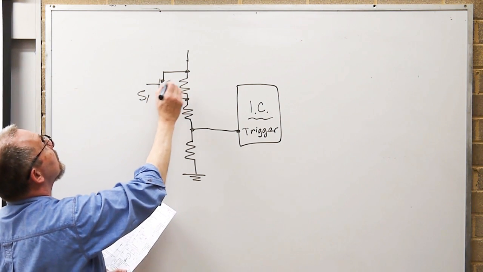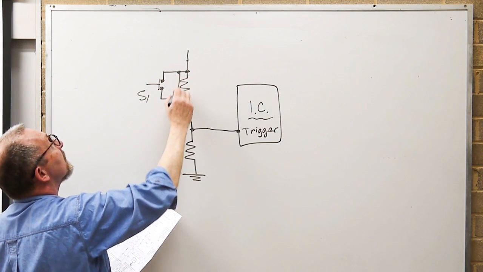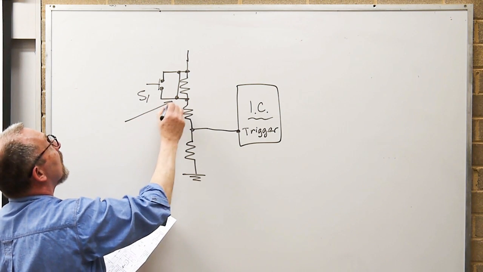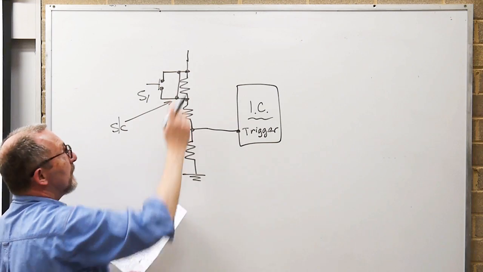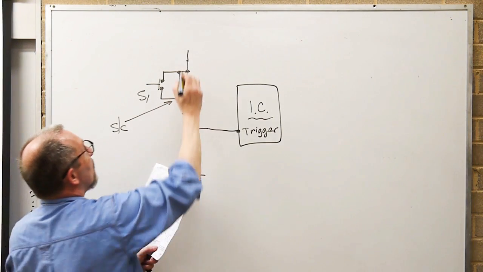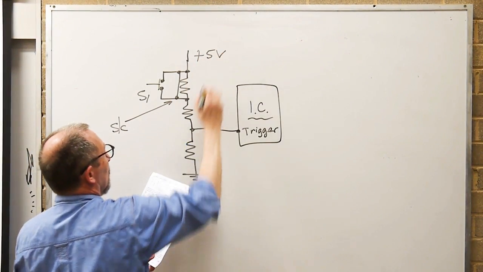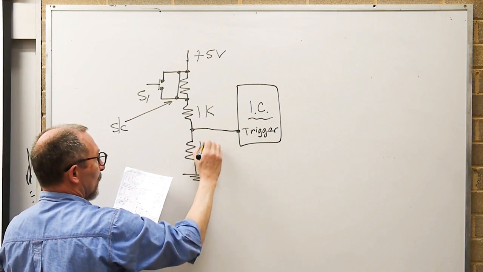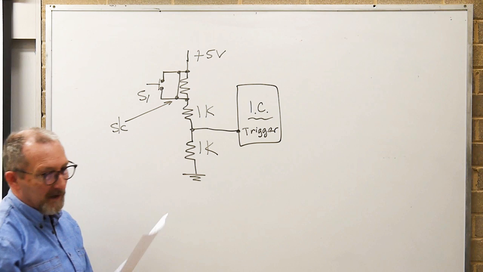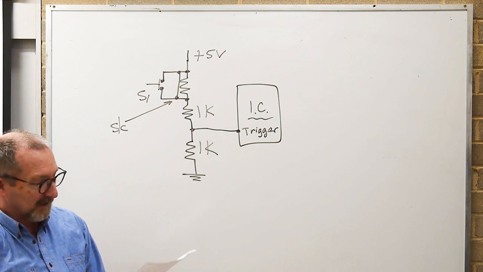Switch 1 is depressed, so therefore that is a short circuit across that. Short circuit. We don't even need to know the value of it. We've got plus 5 volts. We do need to know the values of the others. 1K, 1K. This question really went in the same basket as question 7.